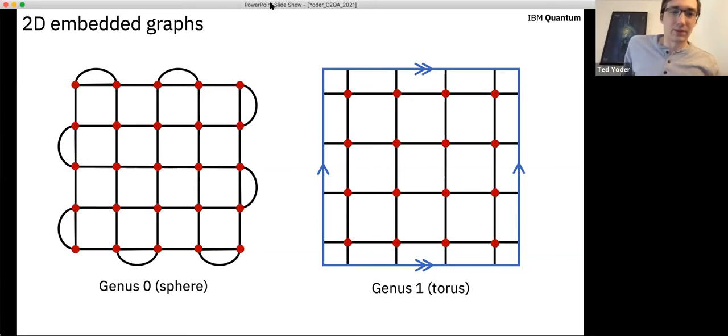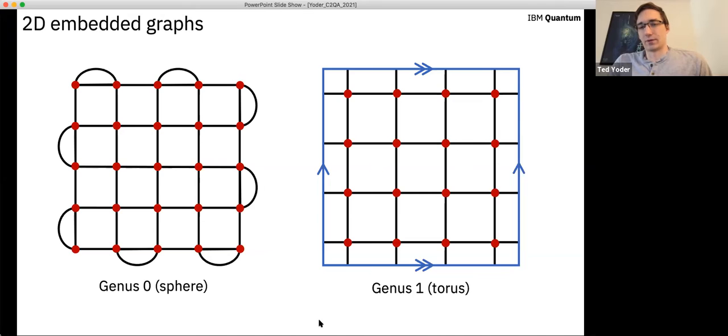So if you have genus 0, also called planar graphs, these are graphs that you can draw on the sphere without the edges crossing, such as the rotated surface code graph on the left.